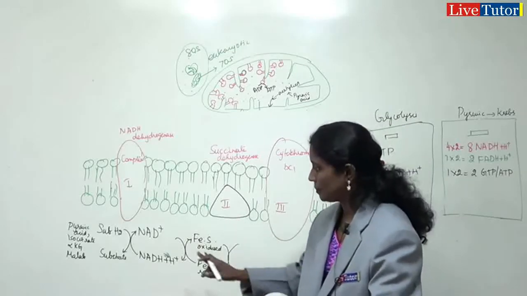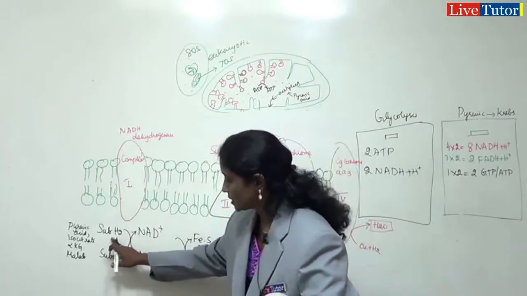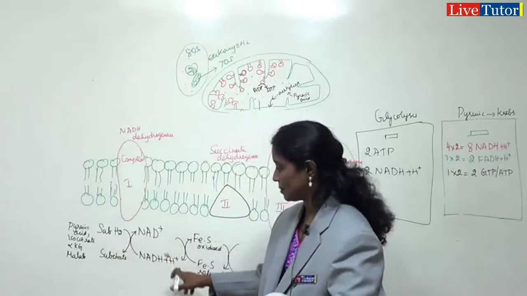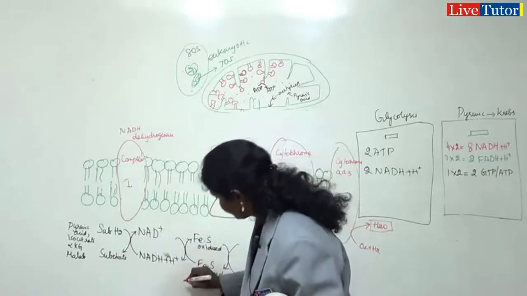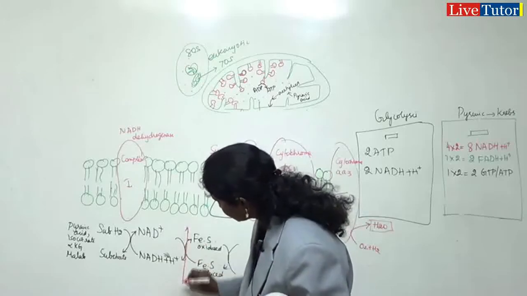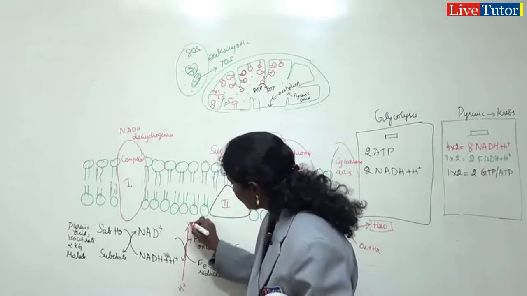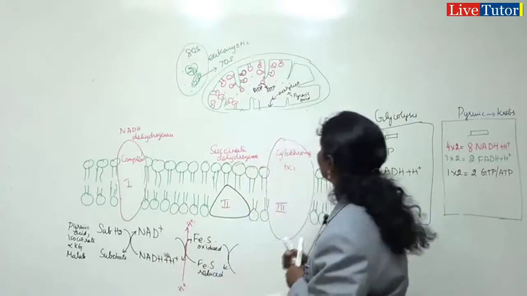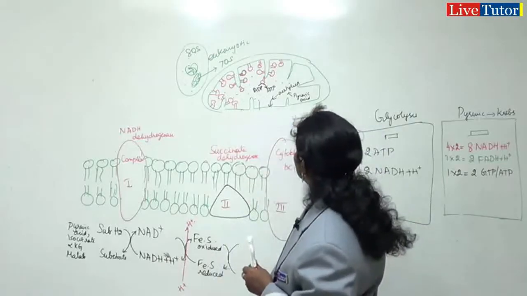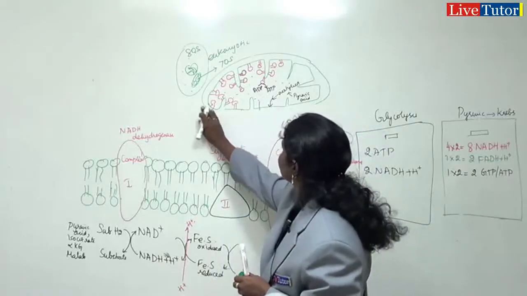After the substrate donates the hydrogen to NAD to become NADH plus H plus, there is going to be shuttling of hydrogen from inside to outside. I'll make it a little wider for you to understand.